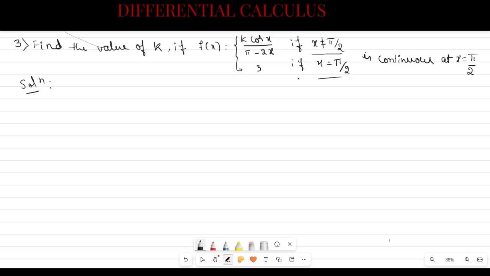So in this case, what we should do is, since f of x is continuous, what should we write?